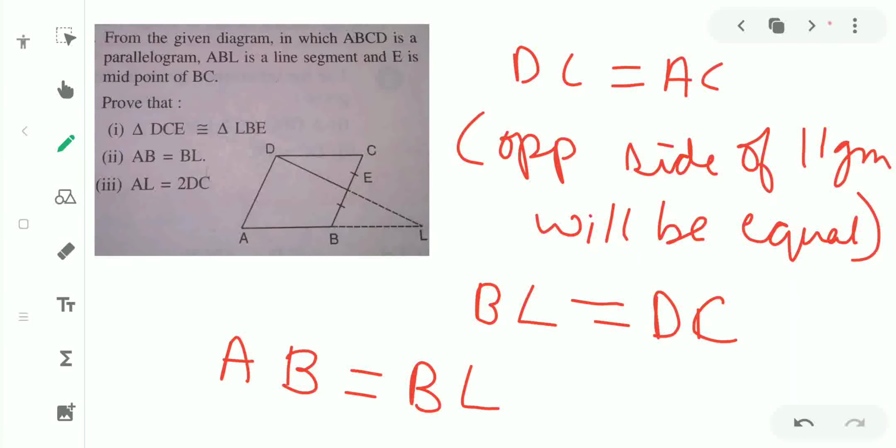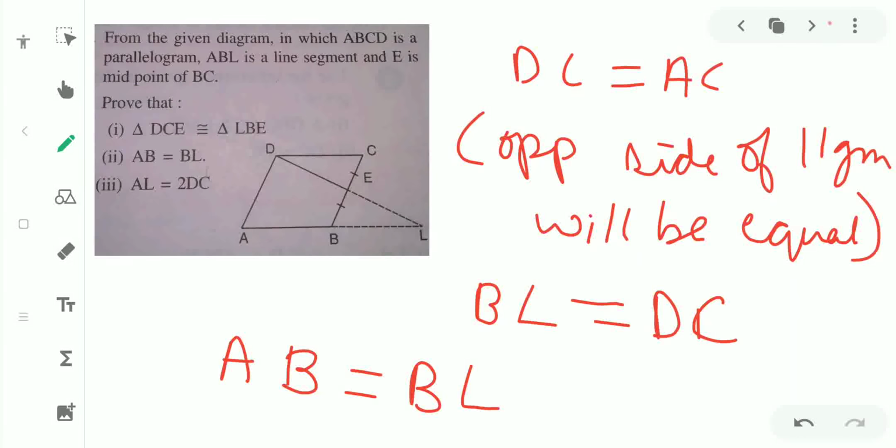Here we consider AB is equal to BL, and we have proved it also. When AB is equal to BL, if I consider AB as X, BL also will be X, and now AB is here and BL is here, so AL will be equal to X plus X. X plus X is nothing but 2X.